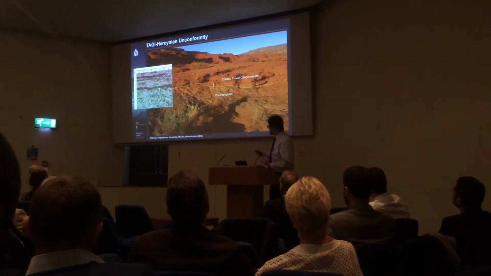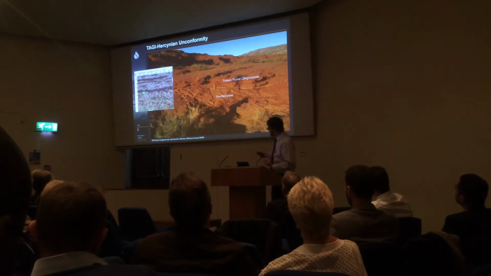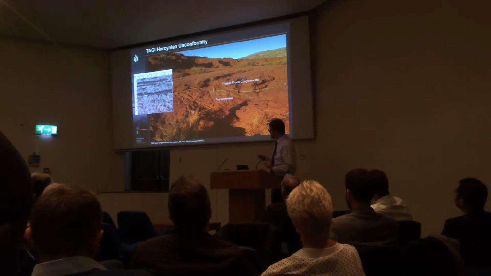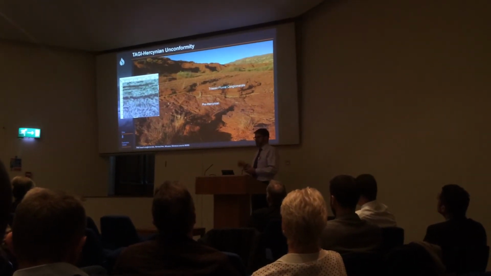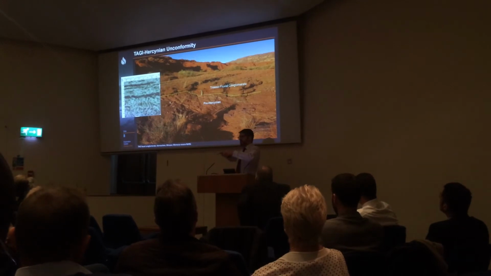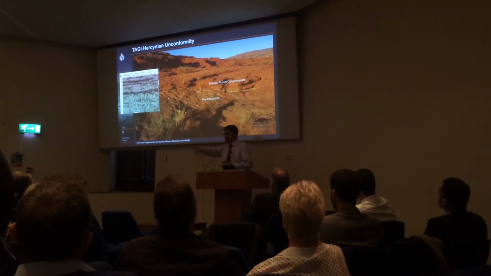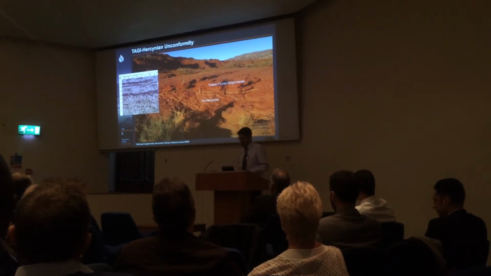Tim's already shown you this slide. Here you can see steeply dipping Paleozoic stratigraphy, and then the Hercynian unconformity with the bright TAG-E sitting above it. That's really important. It allows us to understand almost the surface on which the TAG-E was deposited.